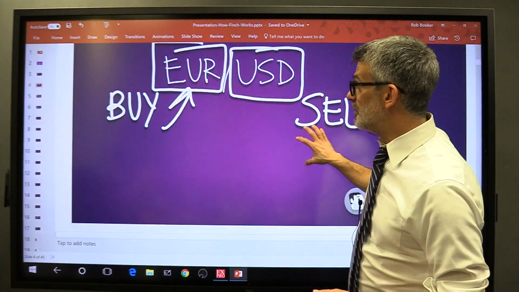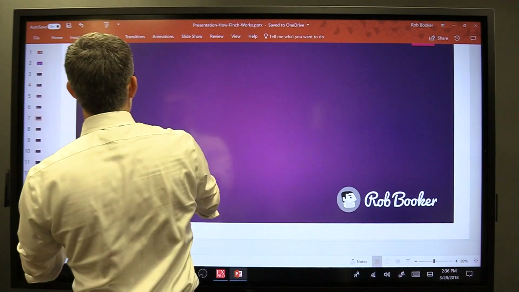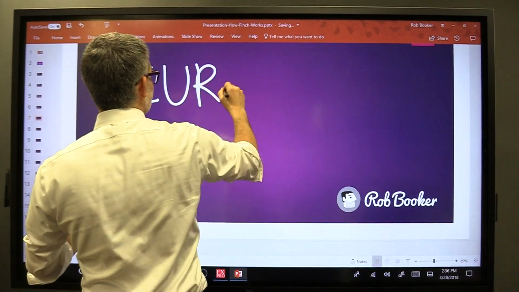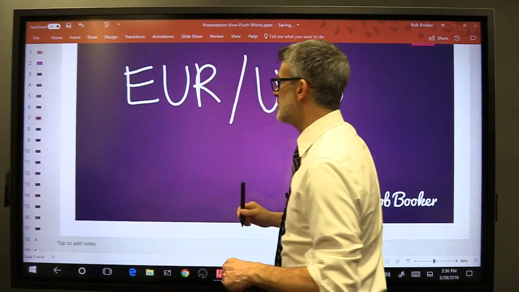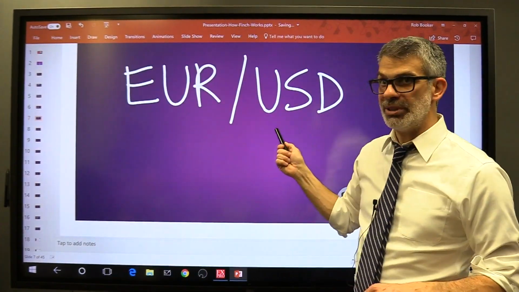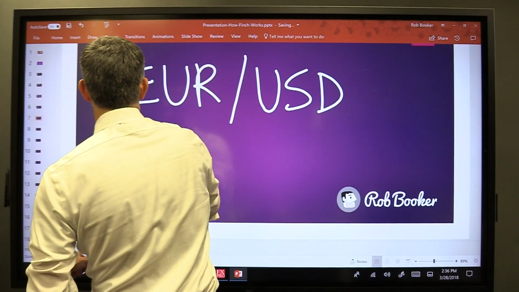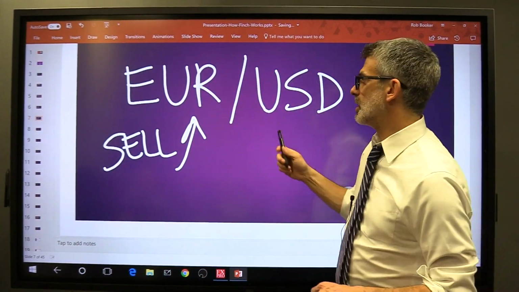If, on the other hand, let's draw this and change this around a little bit. So let's say that you instead believe that the euro is going to be weak and the dollar is going to be strong. It will always be quoted like this. You would sell this currency pair, betting that the euro dollar is going to go down.